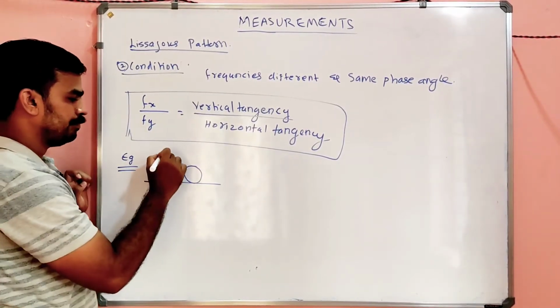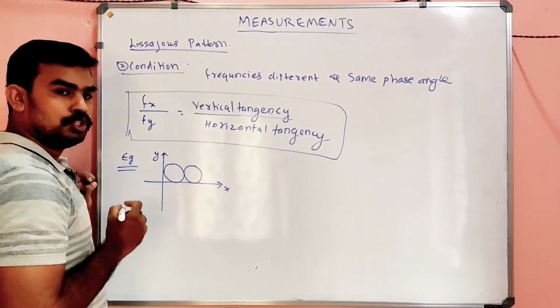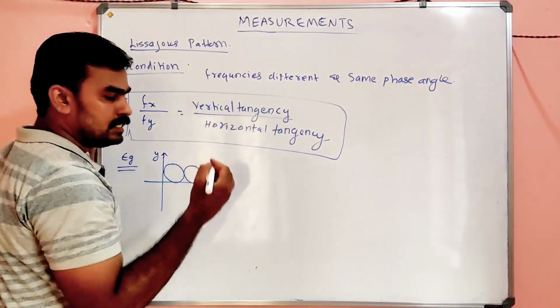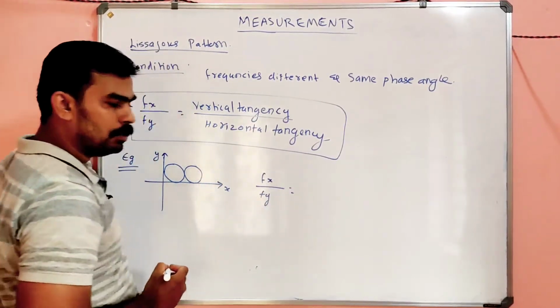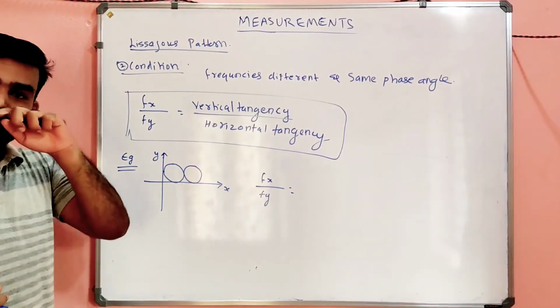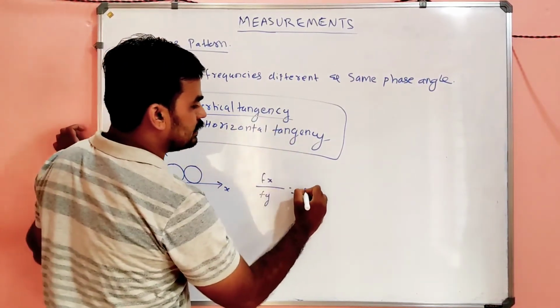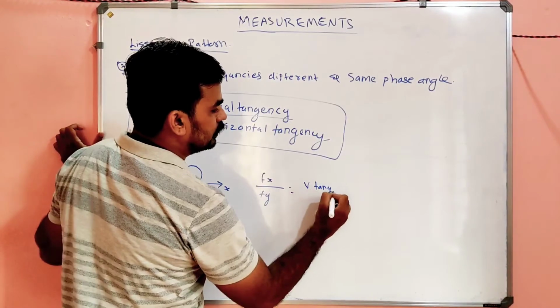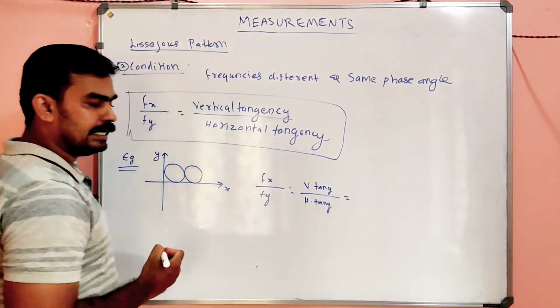Listen, my dear. So fx by fy, that is the ratio of the horizontal and vertical frequencies, will be equal to vertical tangency divided by horizontal tangency.